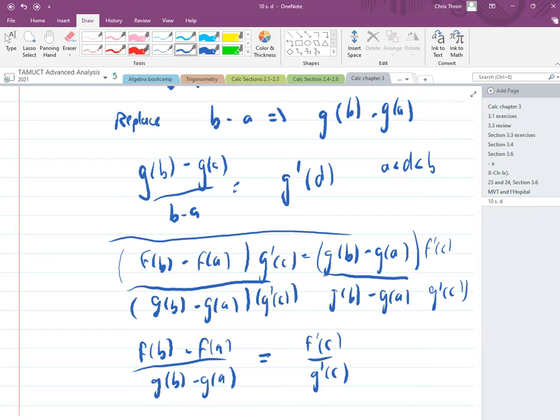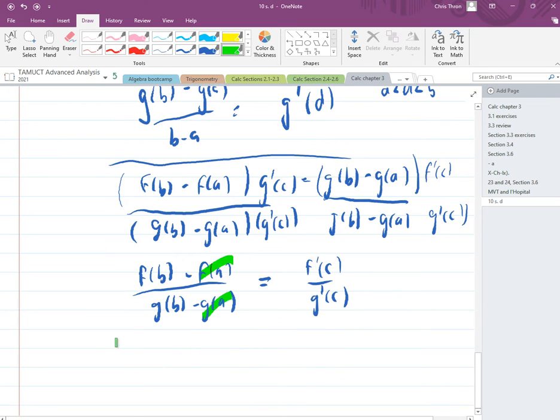Now by hypothesis, f of a is equal to 0, g of a is equal to 0. All right? And then we can take the limit. On both sides, we can take the limit as b goes to 0. Okay? But remember, c is between b and a.